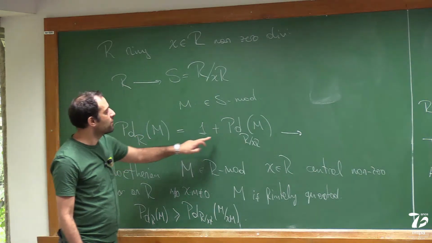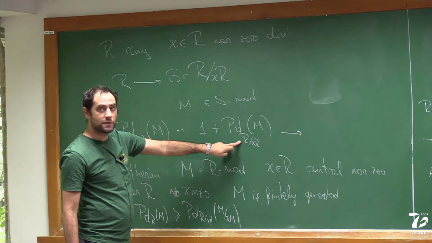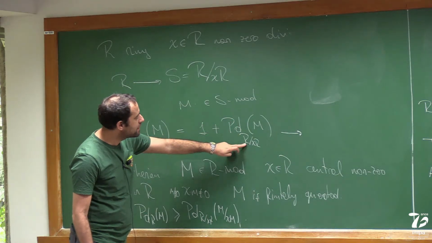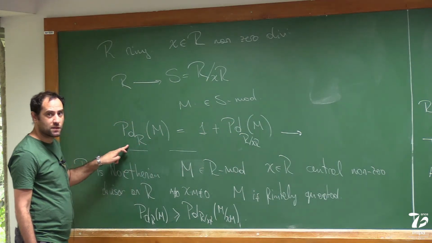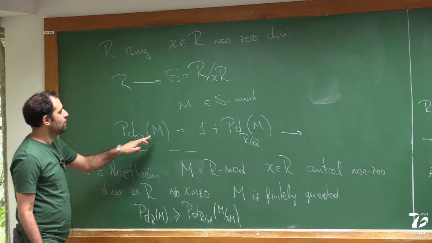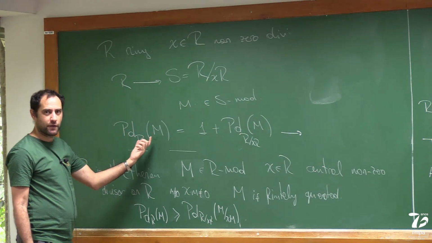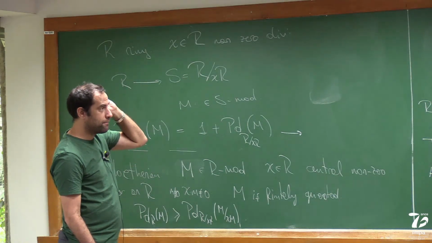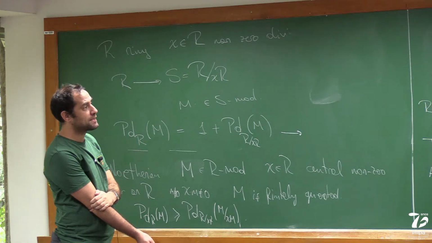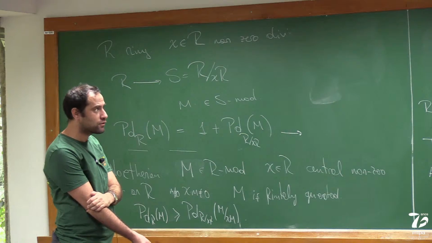And we took the supremum over all these R modules. And we got the global dimension plus 1. And here we got that the global dimension is bigger or equal than something. So now I'm trying to bound the projective dimension of M as an R of X module. I want to prove that it's less or equal than something.